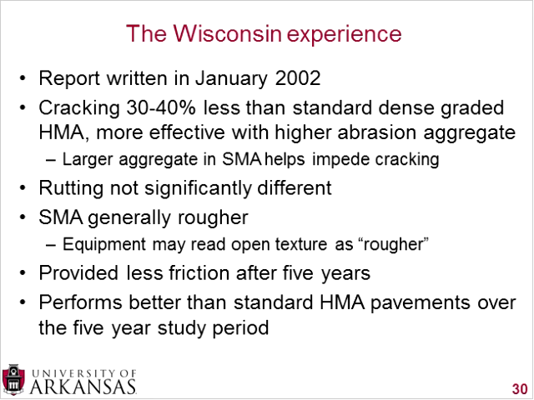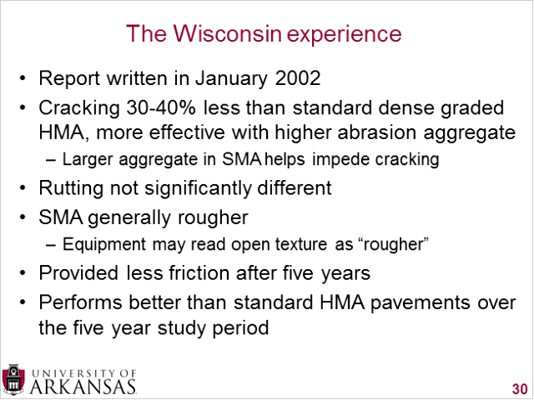But they did want to add a caveat to that statement: they measured the roughness of the road using digital equipment, those laser scanners. And the laser scanners may have read the open texture of SMA as roughness. These laser scanners are meant to quantify cracking, rutting, potholes, any sort of surface defects.